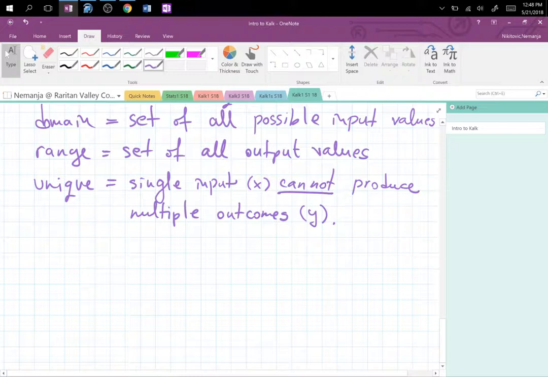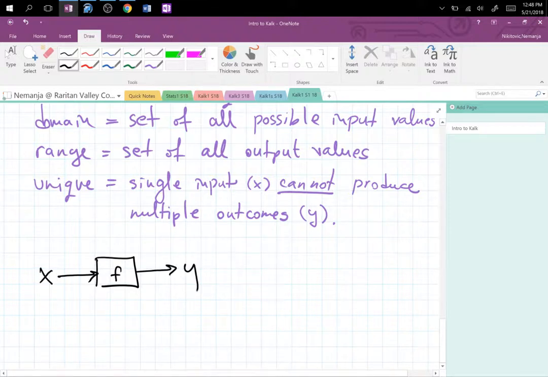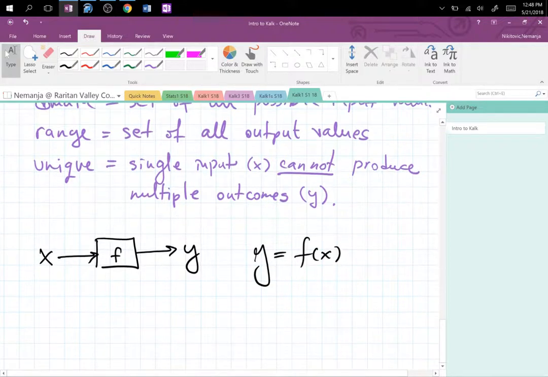All right, so what is the graphical representation over here? You have x go into the function and y comes out. The notation for that is y equals f of x. And we have seen it before. You plug in a value for x and you are able to compute y. Now those two create an ordered pair.